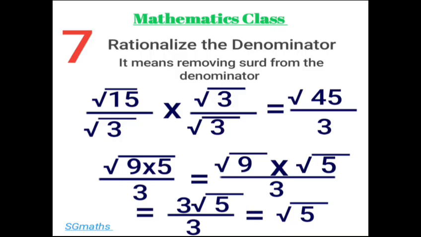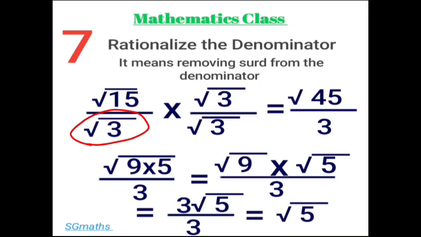Look at this root 3. We don't want this root 3 to be in the denominator. Any number can be there except sods. We don't want a sod number in the denominator. And for you to do that, you will have to rationalize. And how do you rationalize?